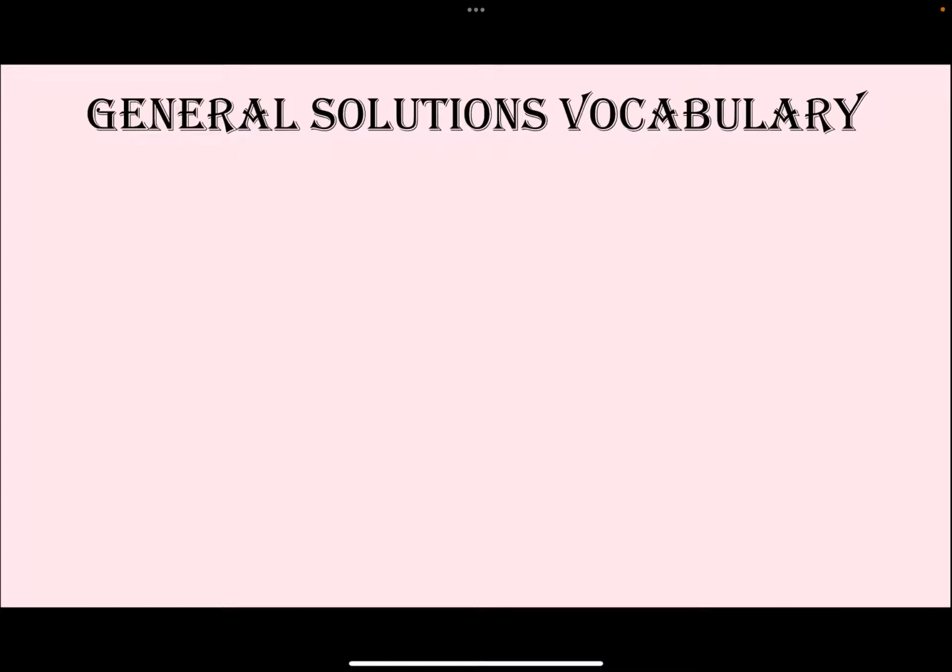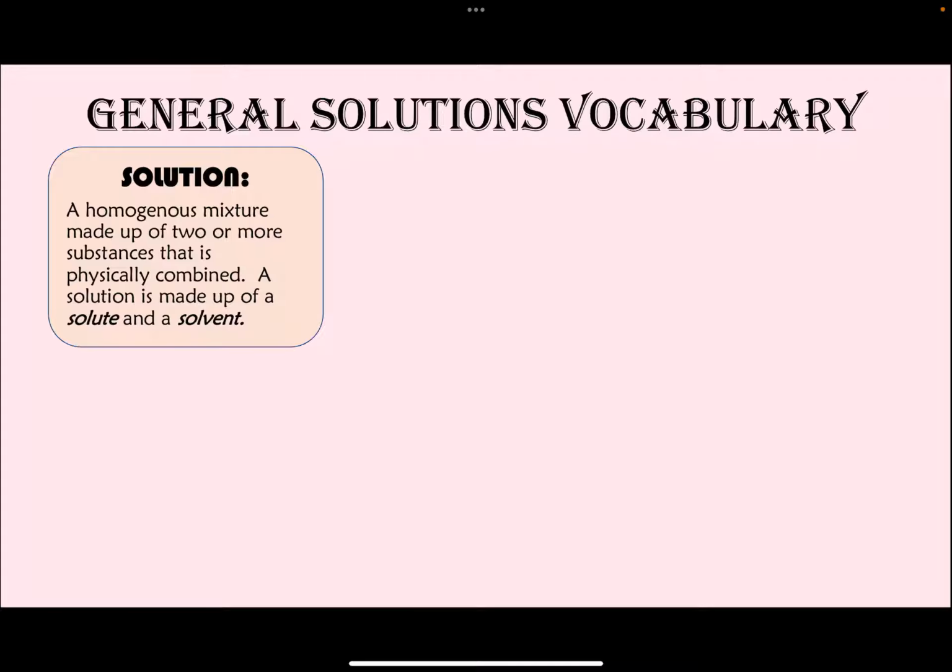Let's familiarize ourselves with some of the very basic terminology for solutions. First of all, as we mentioned, a solution is a homogeneous mixture made up of two or more substances that are physically combined. There are two important parts of a solution: a solute and a solvent.